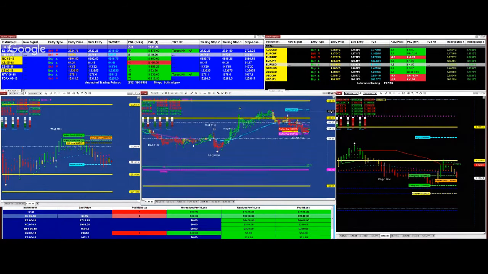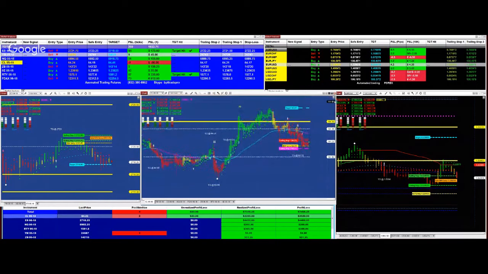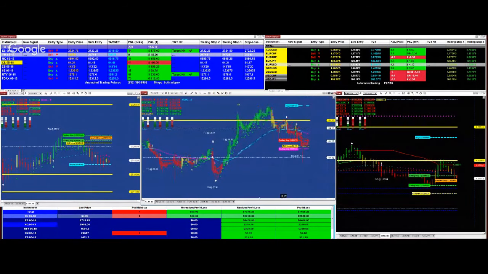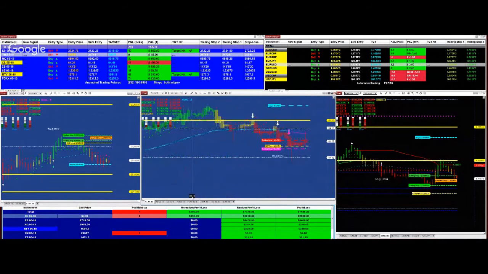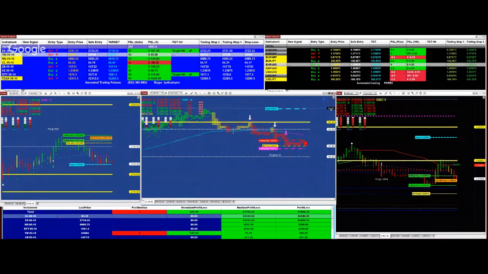If we notice earlier today, we have hit the target on the CL, and we could be having a new signal very soon on the CL. I'll keep my eye on it. It's a matter of seconds, we might have a CL entry.